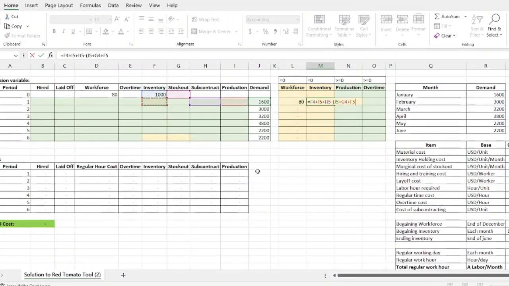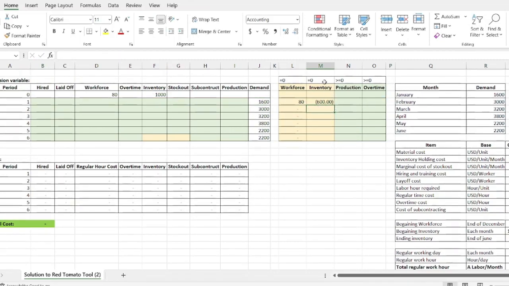Minus current month's stock out. Let's close the bracket. If we calculate all this, the result will be 0. The equation would be 0. So I have kept it here so that we understand this while solving the problem in the solver. Now drag it for the entire thing.